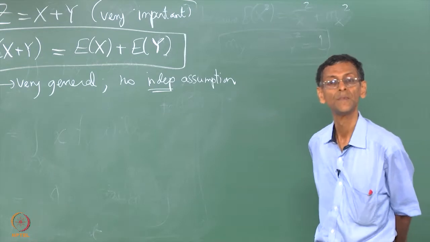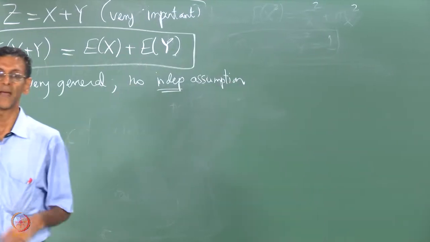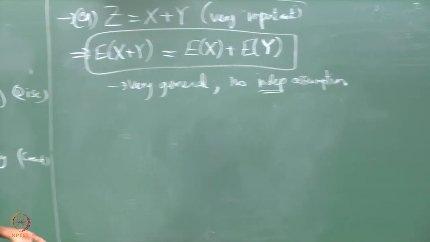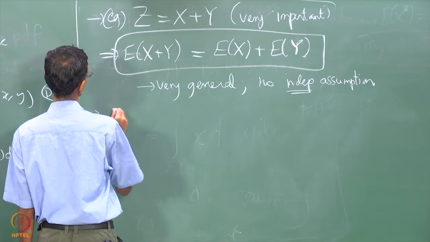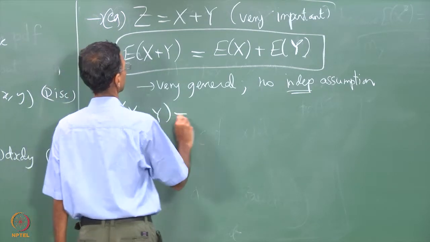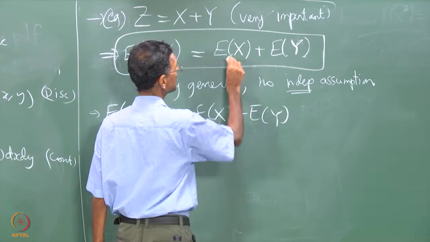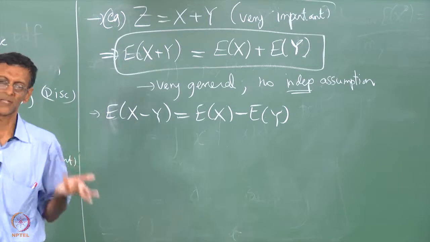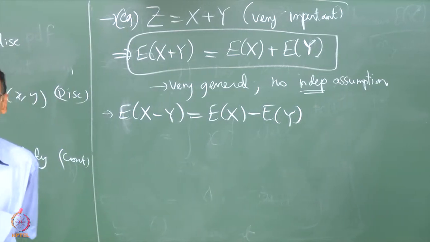Likewise, we also have E of x minus y to be E of x minus E of y. And this obviously is m_x plus m_y, because there is only one E of x and that is m_x.